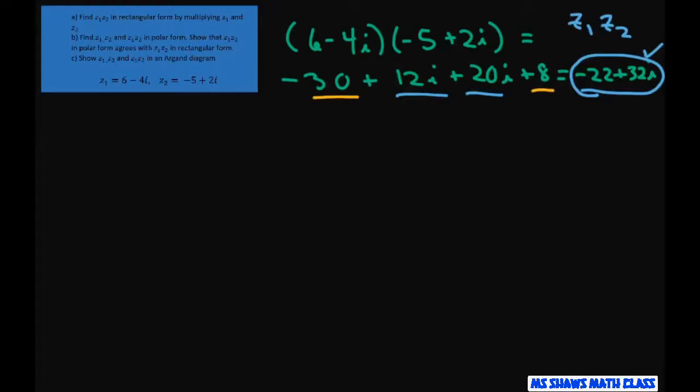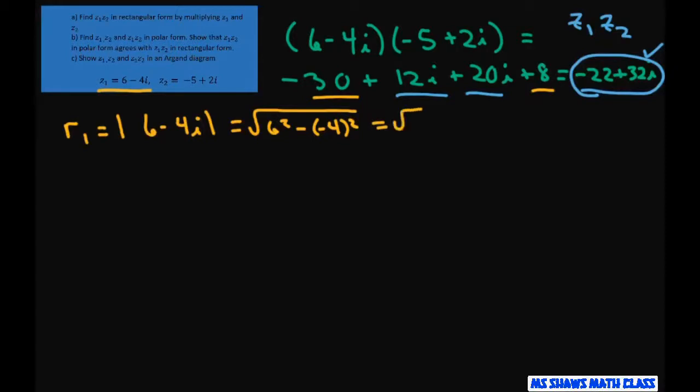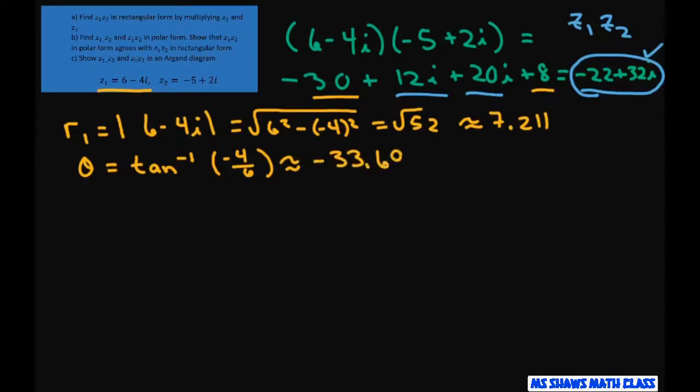So now let's find polar form. For Z1, R1 is the absolute value of 6 minus 4i, which gives you the square root of 6 squared plus negative 4 squared, which gives you the square root of 52, which is approximately 7.2111. Then our angle equals inverse tan of negative 4 divided by 6, which is approximately negative 33.69 degrees.